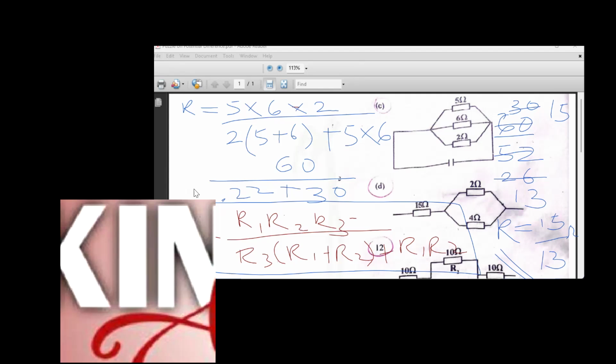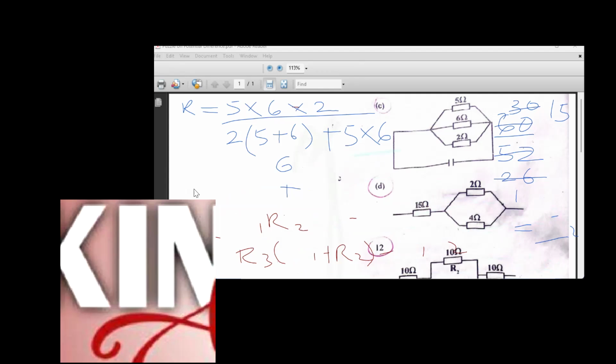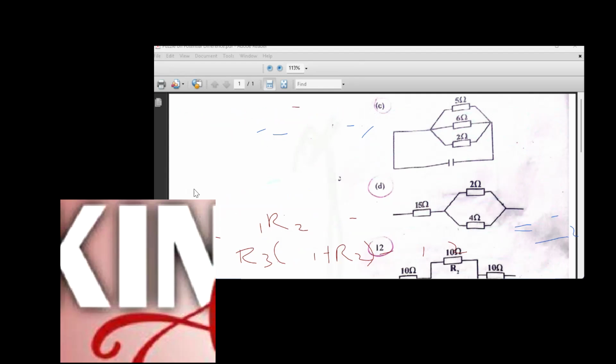We've validated that point. It shows what we solved earlier, and using this formula, we're arriving at the same answer.